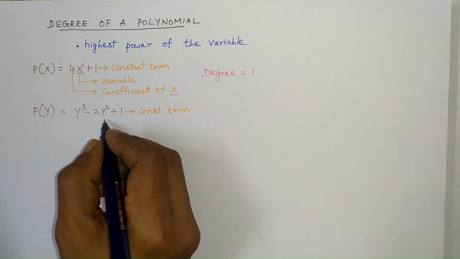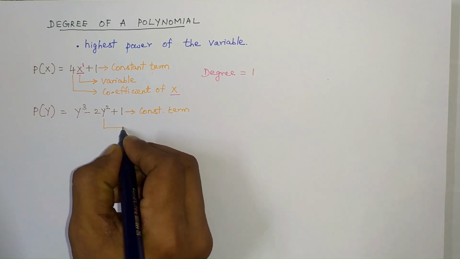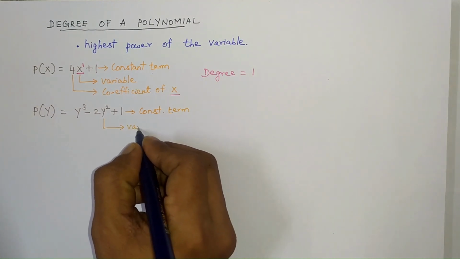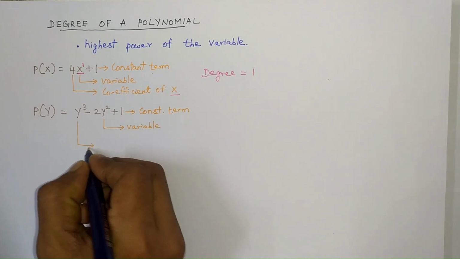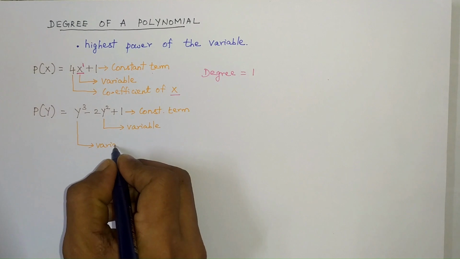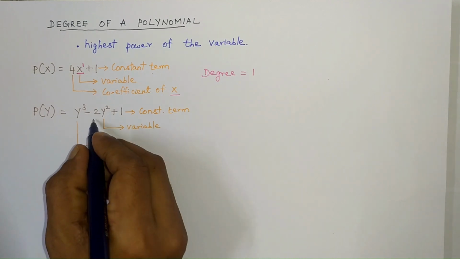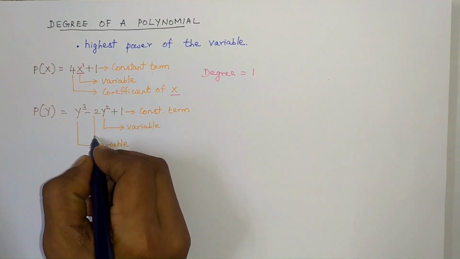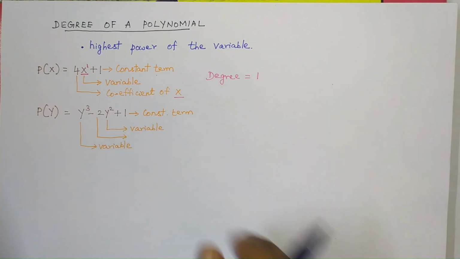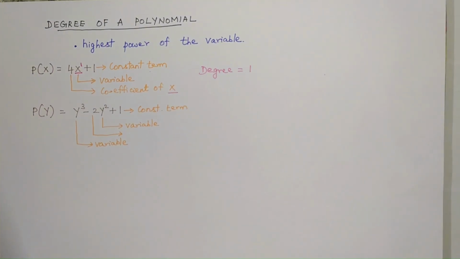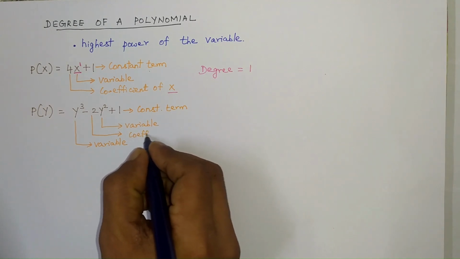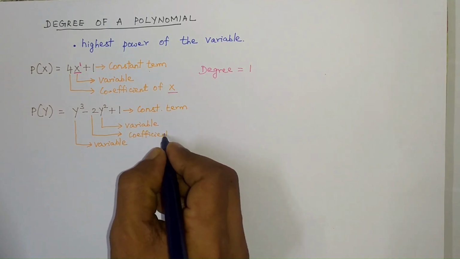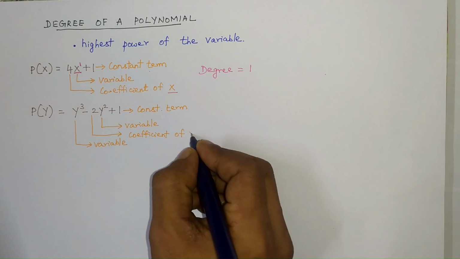This is the variable and this is also the variable, and we have minus 2, so minus 2 is the coefficient of y square.